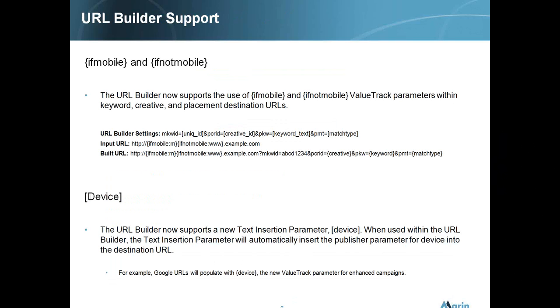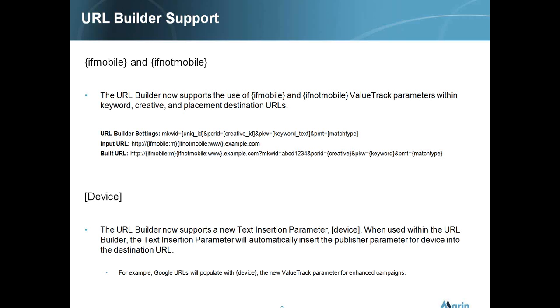The next feature update that I'll be covering is a few URL Builder support updates, specifically around parameters that are not necessarily required, but may be used in your accounts with the enhanced campaigns merge.